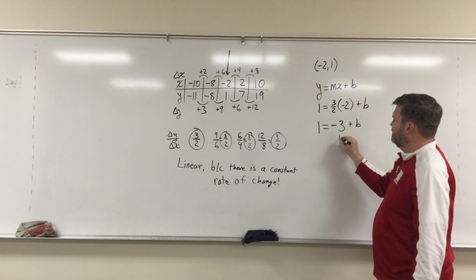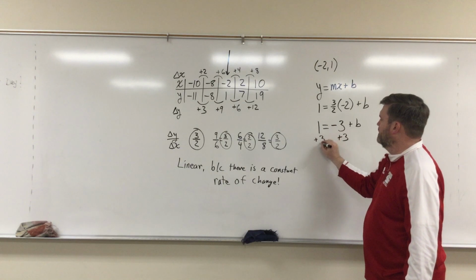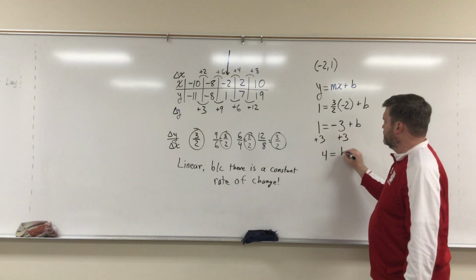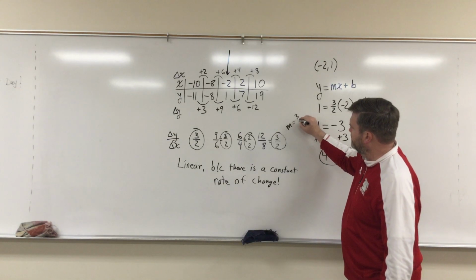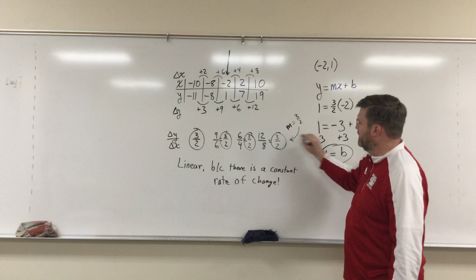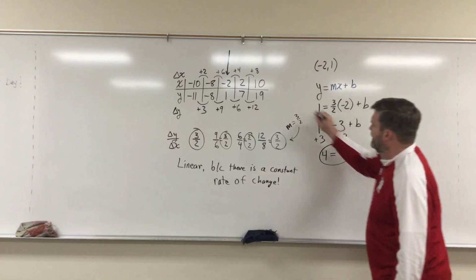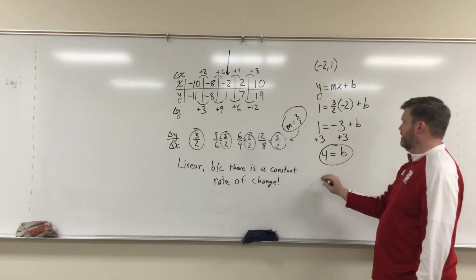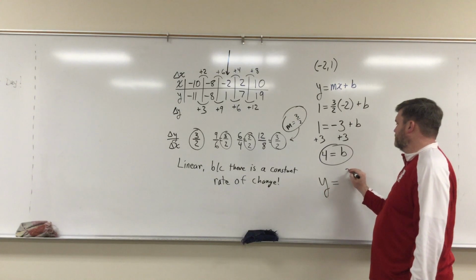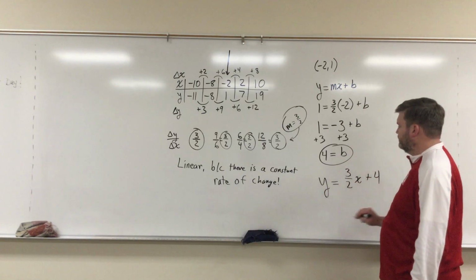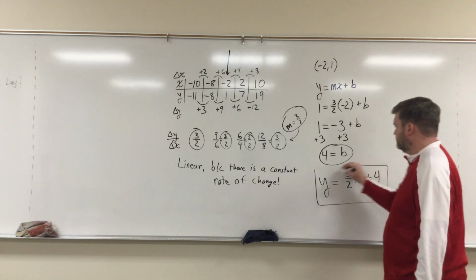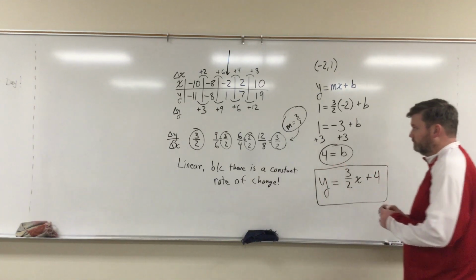Get rid of that negative 3 by adding 3. And I get 4 equals b. M we already said was 3 halves because of this. So our equation is y equals 3 halves x plus 4.